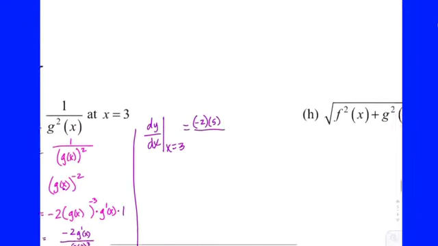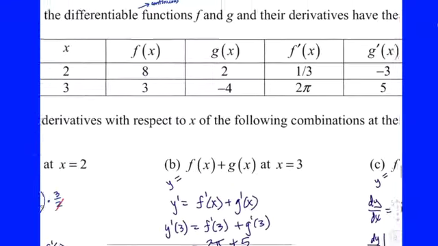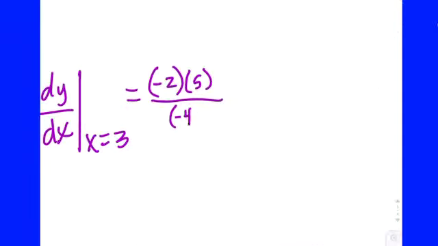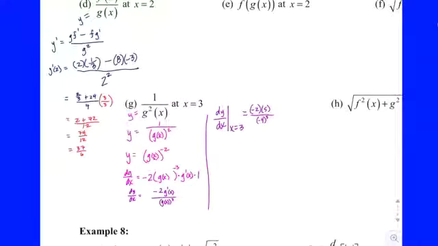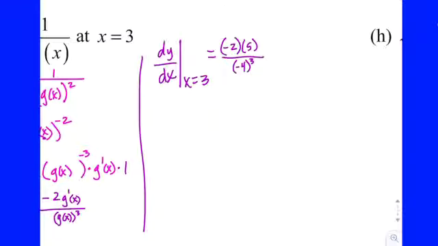All over g of 3 cubed. And g of 3 is negative 4. So the quantity negative 4 cubed. So that's fine. You could do it that way. You don't actually have to show g prime of 3, g of 3 quantity cubed. Free response, we're done. Multiple choice, we keep going.